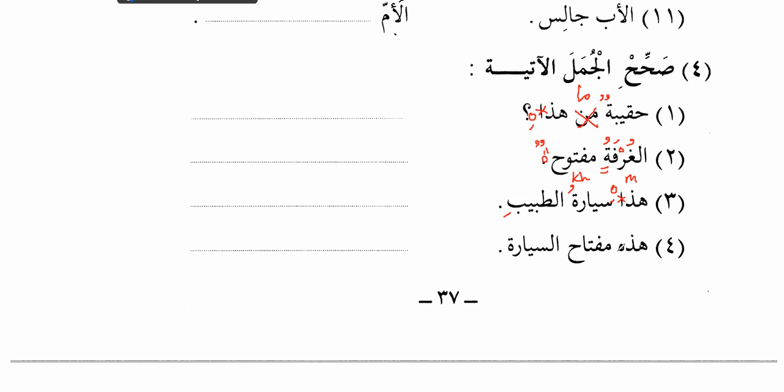What will be your answer? What's wrong here? Is هذه for سيارة? No, this is for miftah and miftah is male, so this should also be male. هذا مفتاح سيارتي.